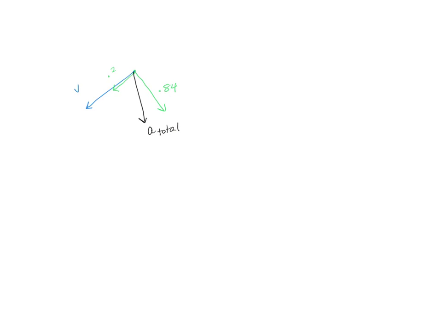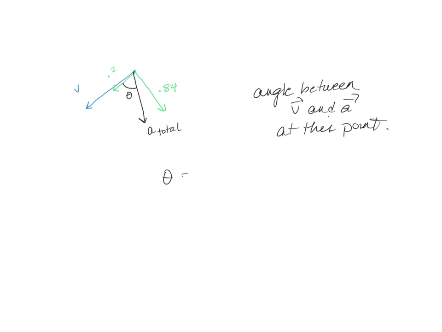To find the angle between V and A at this point, we need to do some trig. I'll mark the angle theta, and theta is equal to inverse tangent of 0.84 over 0.2. When we put that in our calculator, we get an angle of about 76.6 degrees.